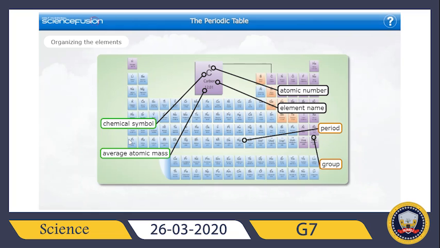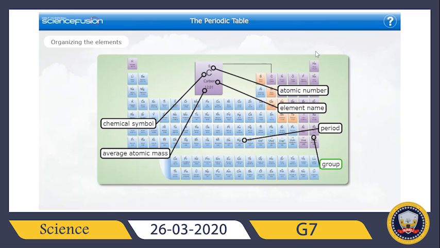When you go from left to right in a periodic table, you will see atomic numbers increasing by 1 in each element. And the properties of the elements change in accordance with this period.